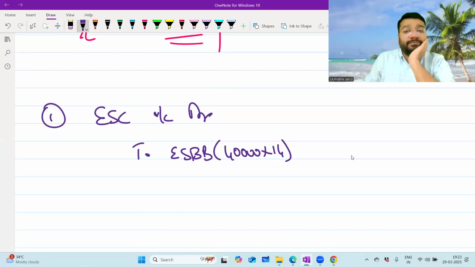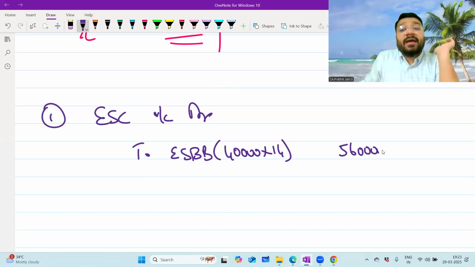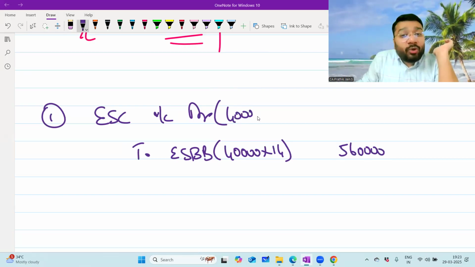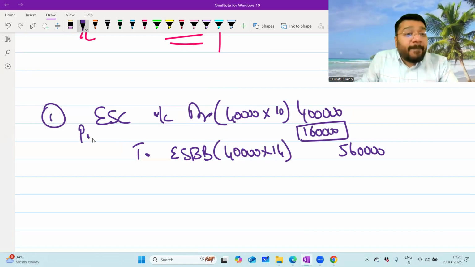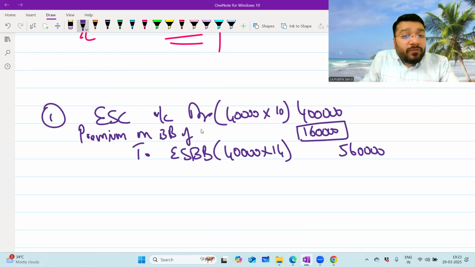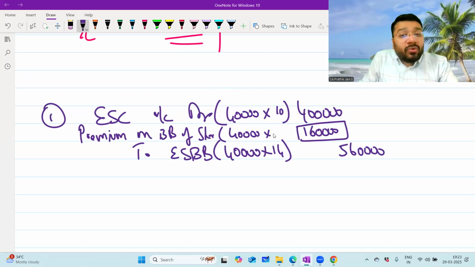How much is it? 5,60,000. Equity share capital here should be 40,000 into 10, which is 4 lakh. So the difference of 1,60,000 is nothing but premium on buyback of shares.